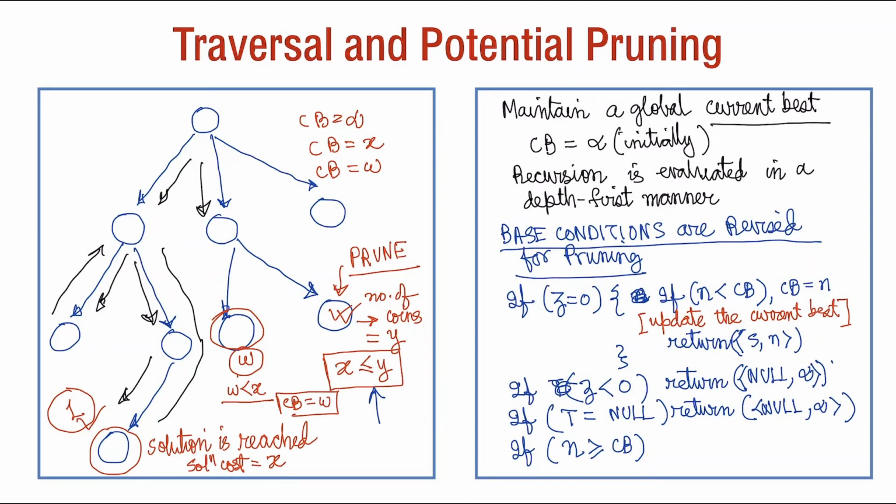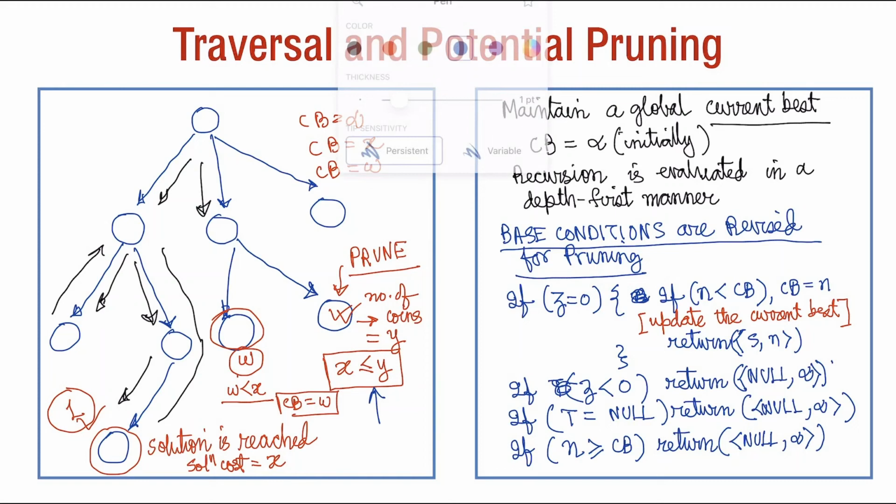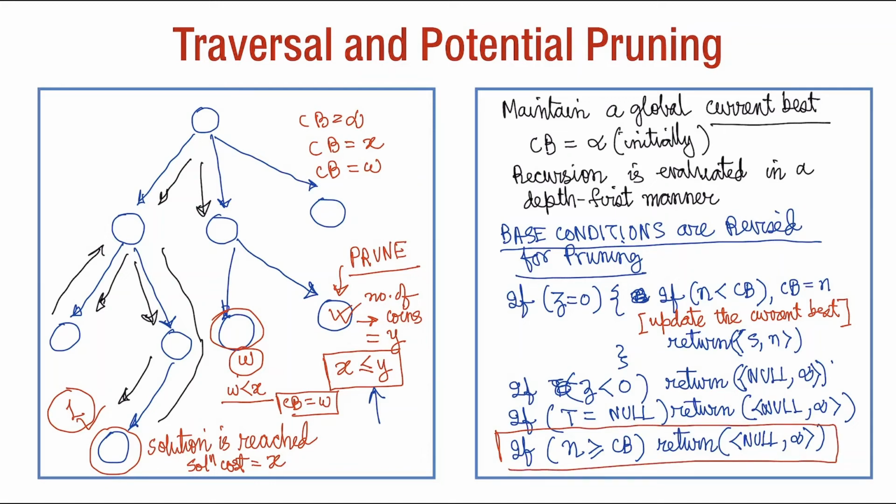So here again we will no longer need to search this part, we will return null infinity. And this part is what we call our pruning step.